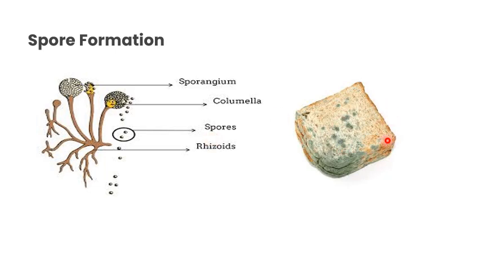Have you seen rotten bread? If we check the bread, you can see the black growth of a certain species on it. If we see this under a microscope, you can see the exact picture. This is what we call spore formation. A better example for this is Rhizopus. In this species you can see this type of changes.